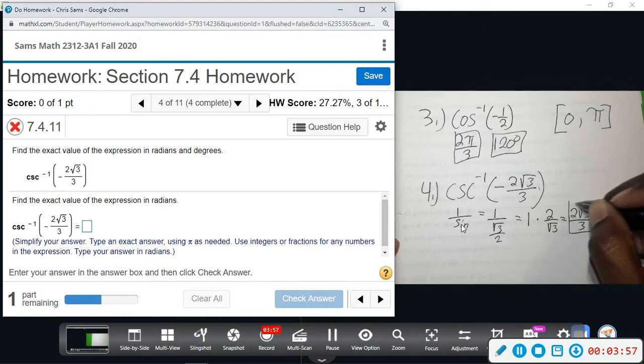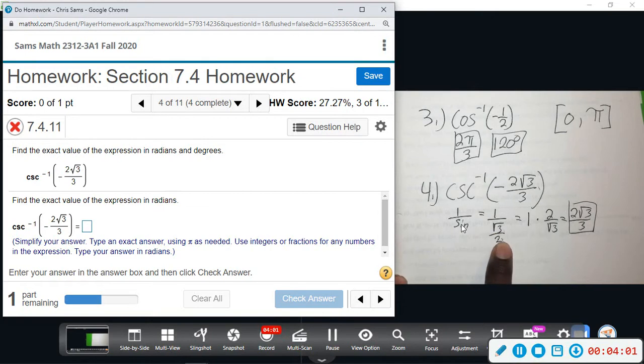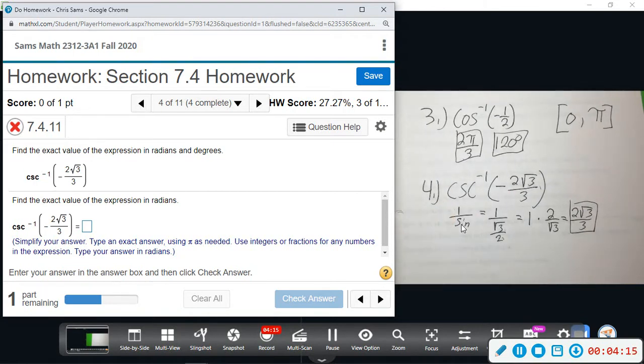So that's what we have. I know it came from square root of 3 over 2, just from familiarity with the unit circle. The fact that it's negative says you need to find negative square root of 3 over 2, in the y value, because it comes from sine, the reciprocal function.